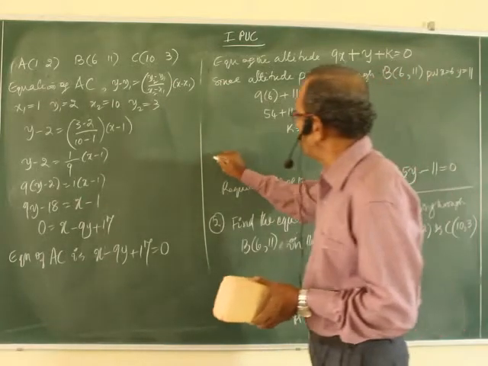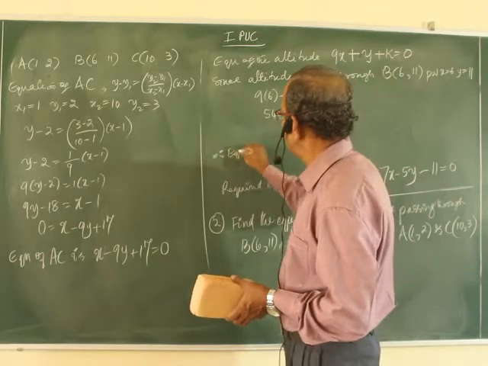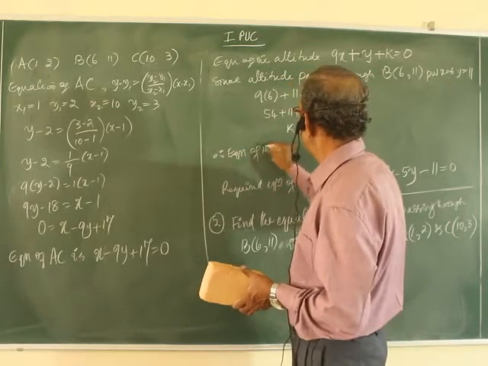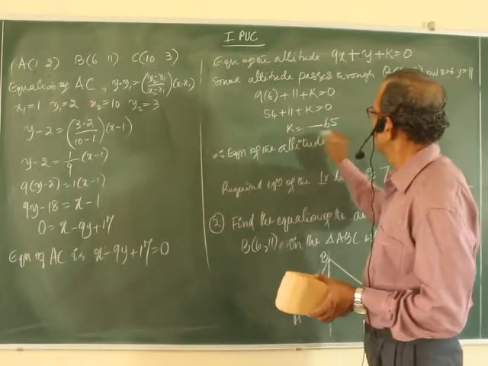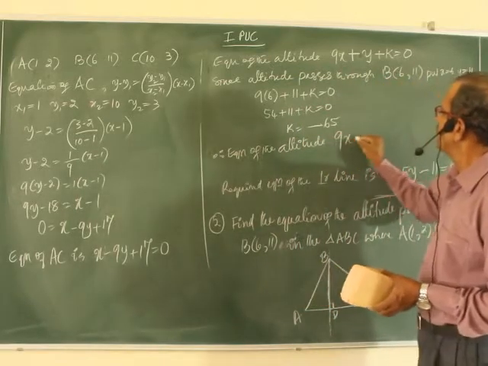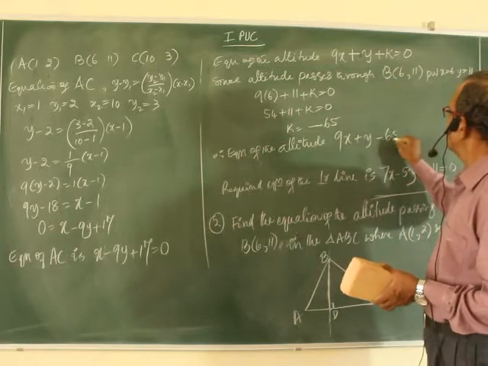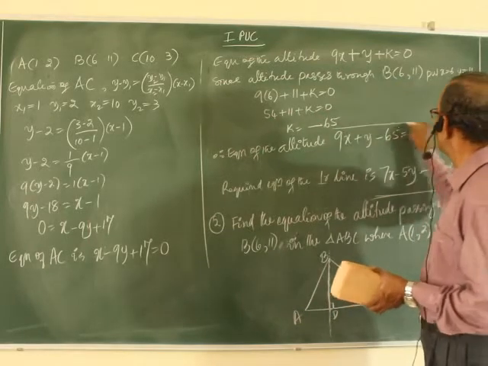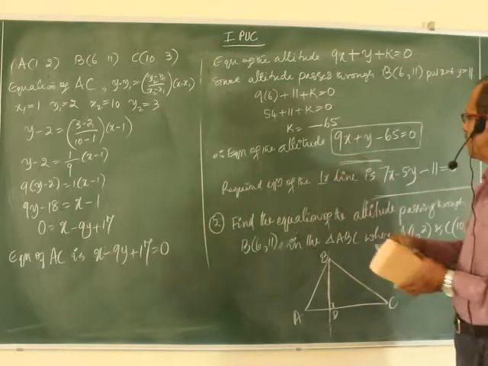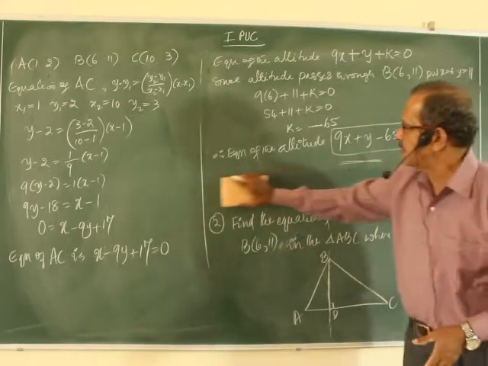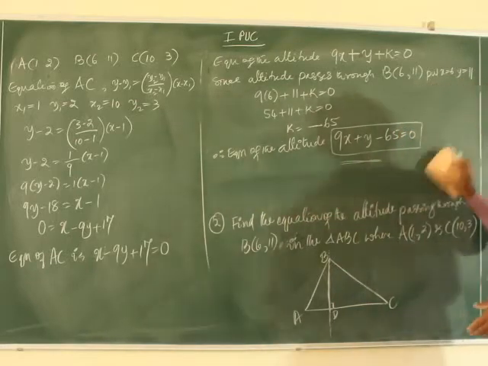Therefore, equation of the altitude is 9x plus y minus 65 equal to 0, because it is the perpendicular line to the given side AC.